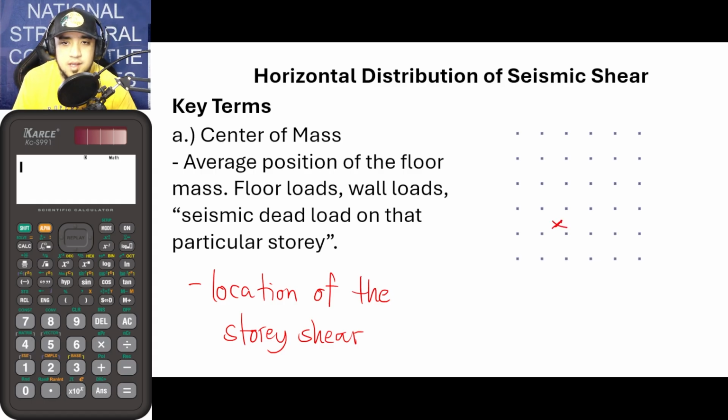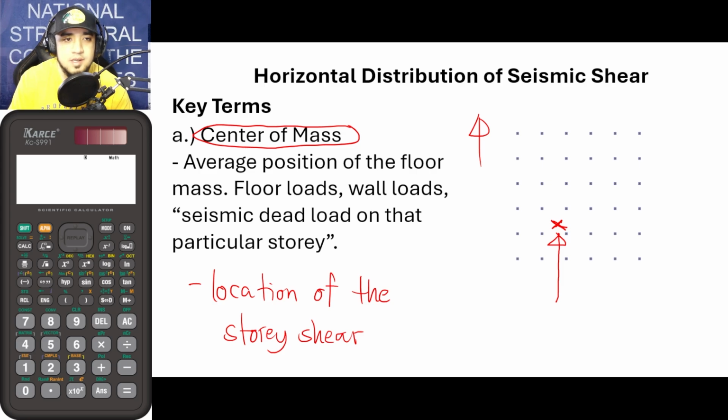And if that is now the location of the center of mass, meaning that the story shear is acting upon that particular floor, regardless of the direction. So suppose that the earthquake that you are analyzing is going towards this direction, meaning that the story shear would be acting upon this particular point, which is, again, the center of mass.